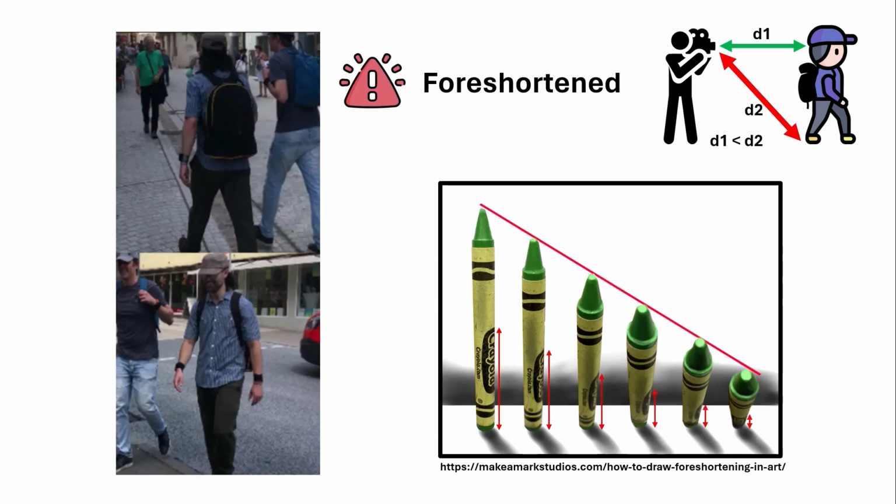And we have kind of the same issue once we capture the image from the eye viewpoint, because the distance of the camera to this point of the marker is less than the distance between the camera and this point of the marker. And that makes the lower portion of the marker appear to be shorter than what it actually is. And we have the same issue here, where you see that the lower body of the person appears to be less than what it actually is. But why does this foreshortening issue matter?